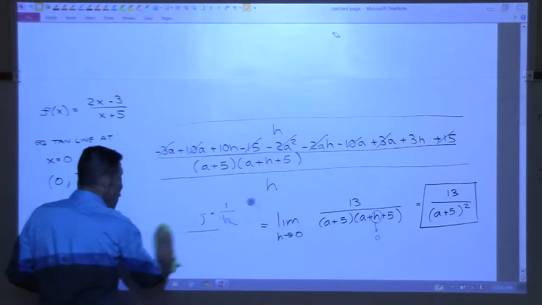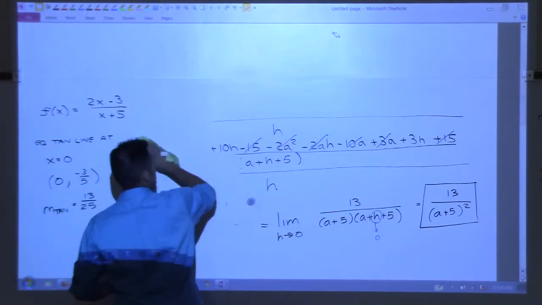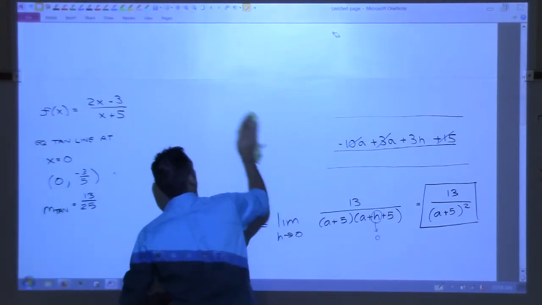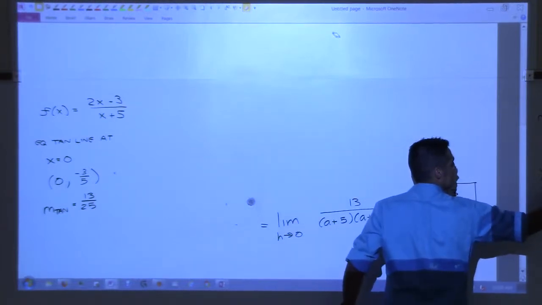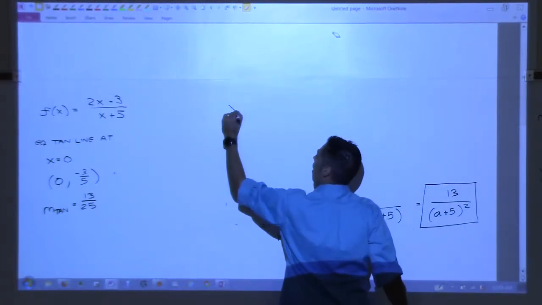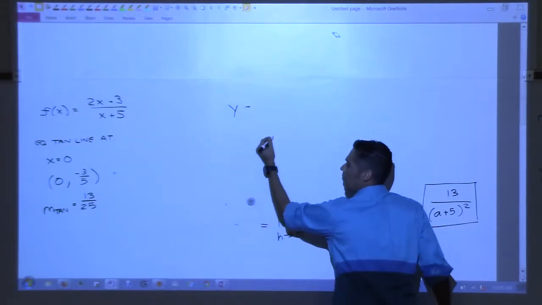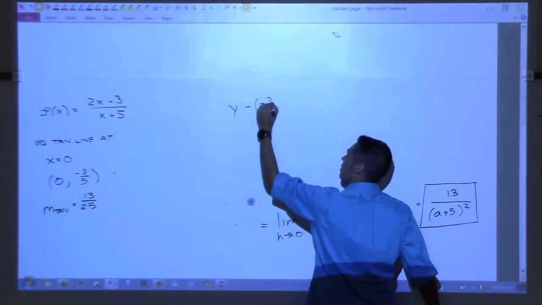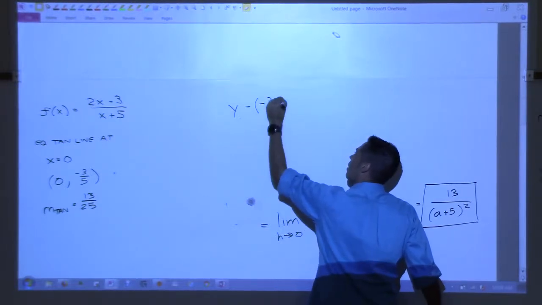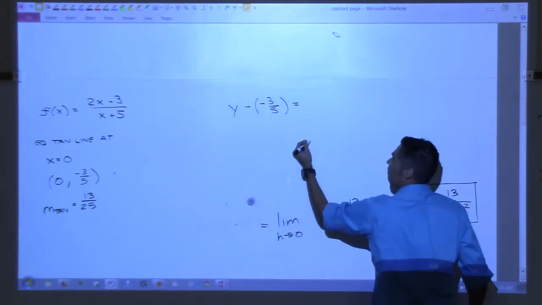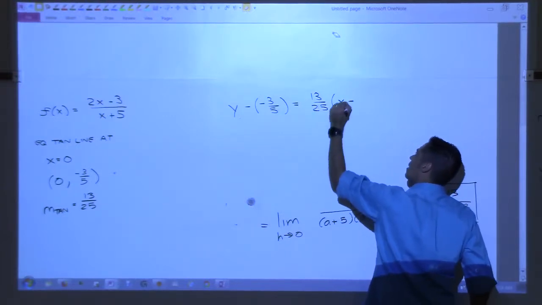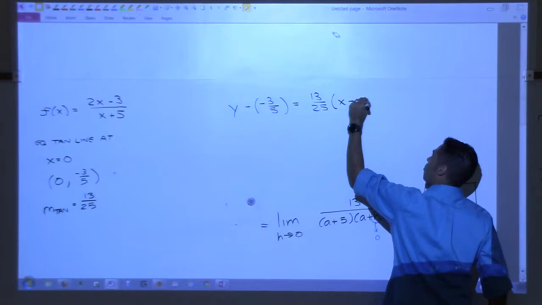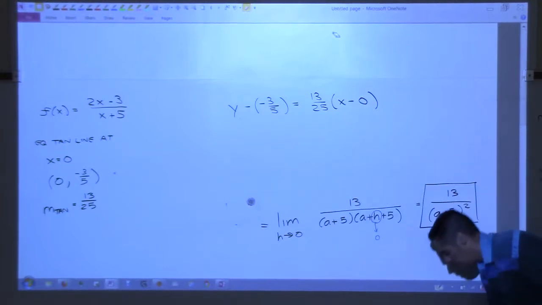Okay, so now to find the equation of the tangent line, what I'm going to do is just use this formula, right? So it should be y minus what? Negative 3/5. Good. So it's going to be minus and minus equals the slope, 13/25, x minus the x-coordinate, which was 0, right?